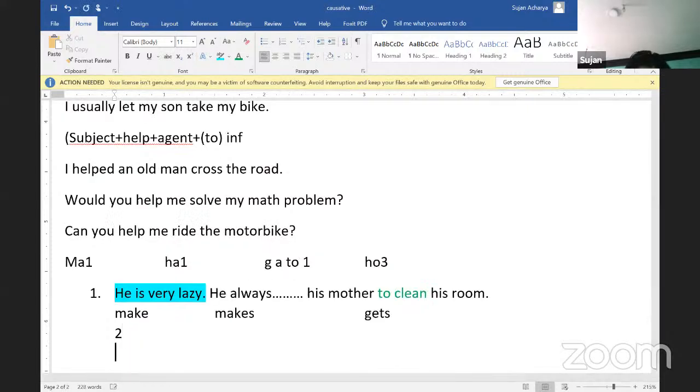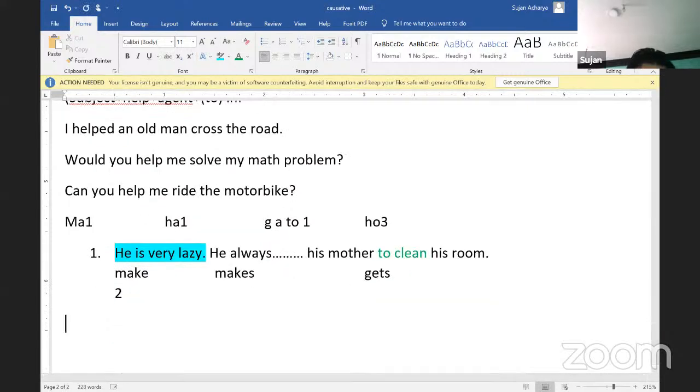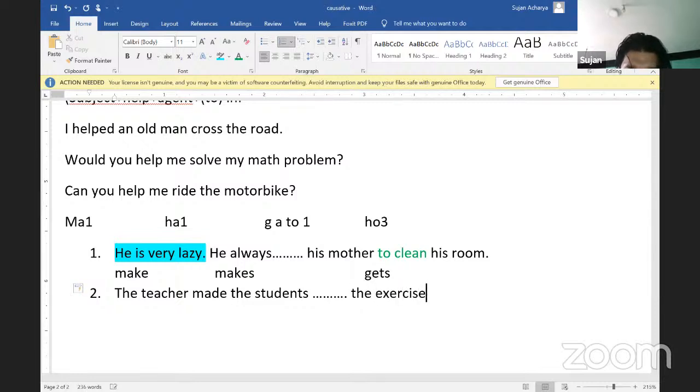Next question. The teacher made the students blank the exercise, and the options are do, to do, does, doing.